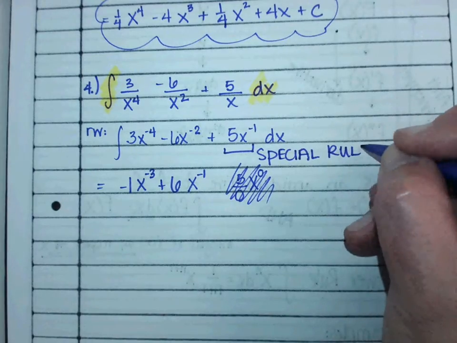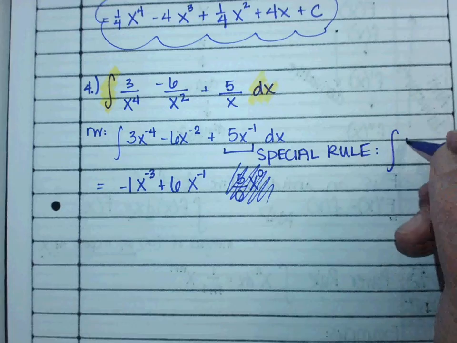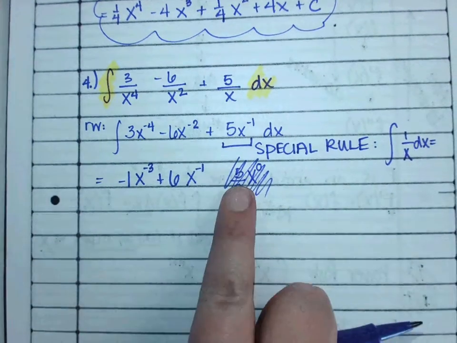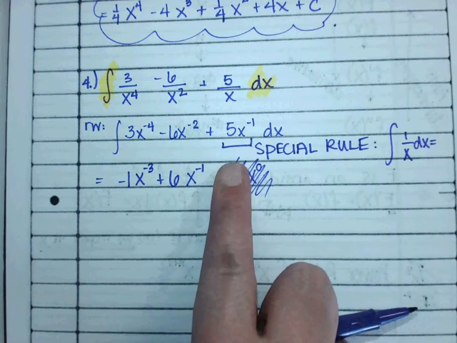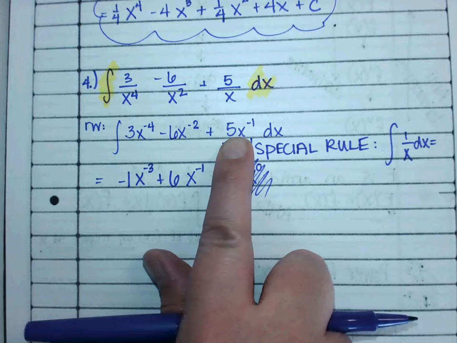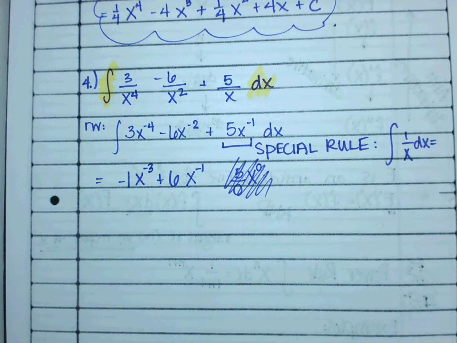Okay, here's the rule. The integral of 1 over x needs to have its very own rule because of what just happened. If I write it as x to the negative 1, I end up adding 1 and getting 0, then I have to divide by 0, it doesn't work. So which function, remember, a derivative and an antiderivative are just backwards from each other.